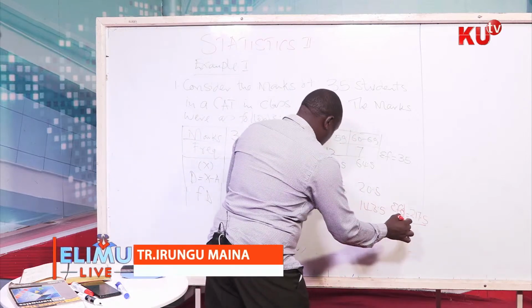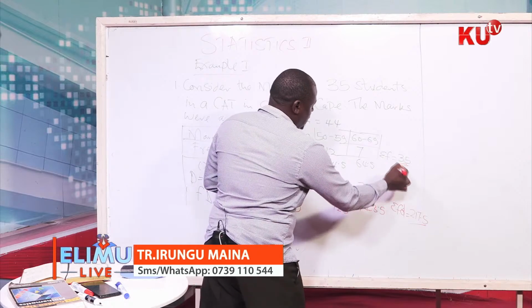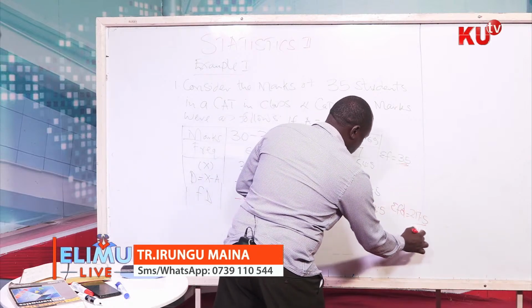0.5. You divide that by the entry. The entry were 35 students.